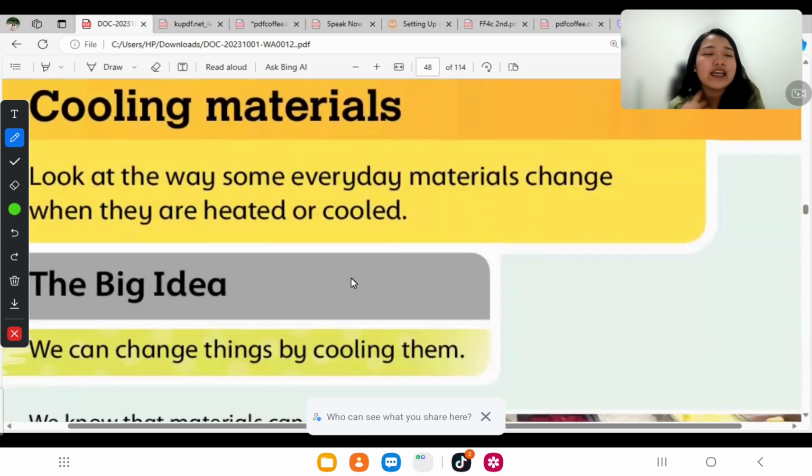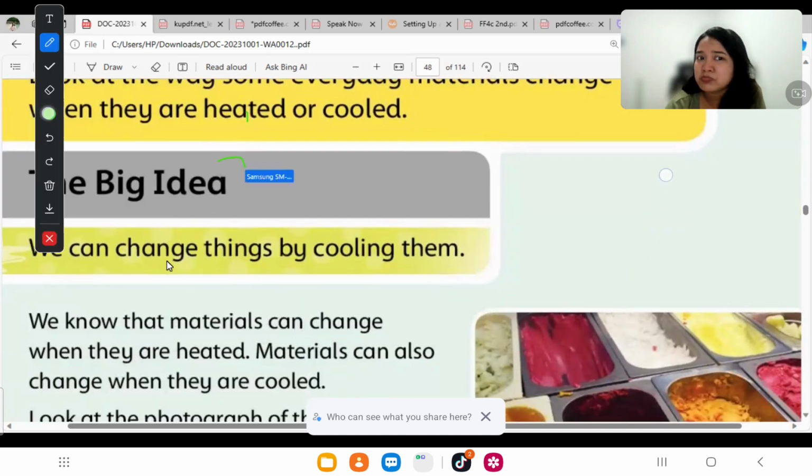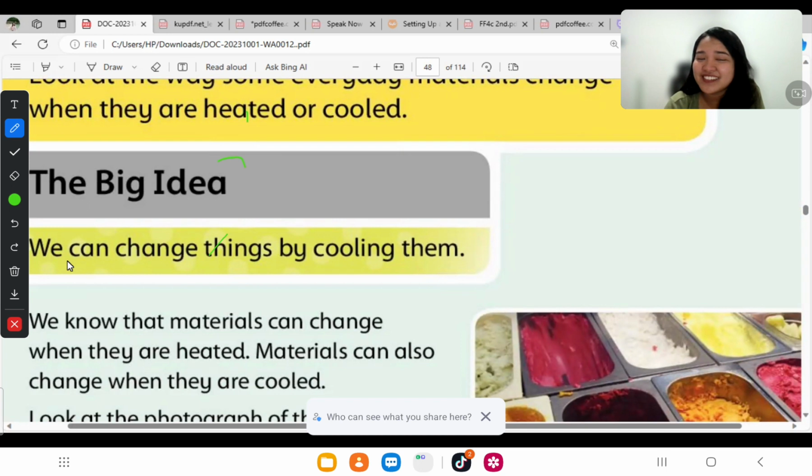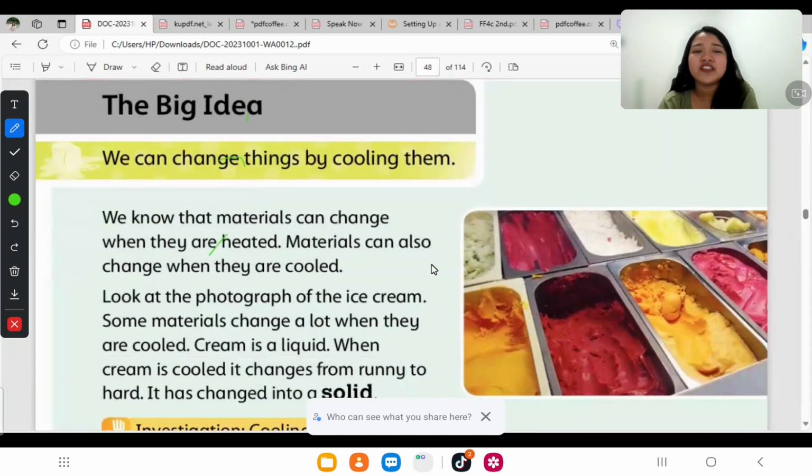So our big idea now is that we can change things by cooling them. Just look at the picture. What do you think this is?